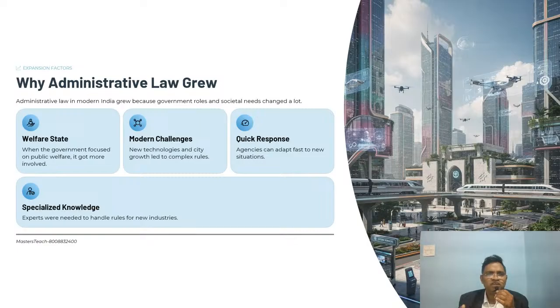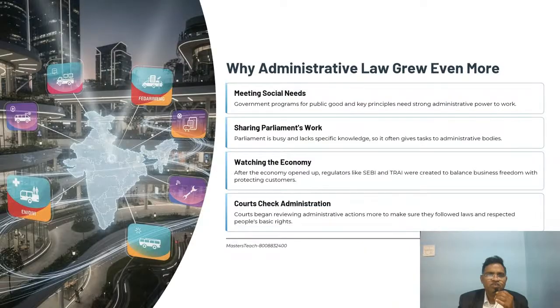Then why did administrative law grow? For the welfare of the country, to solve modern problems, to give quick responses, and because agencies have specialized knowledge. Why has administrative law grown even more? Because social needs are growing more.